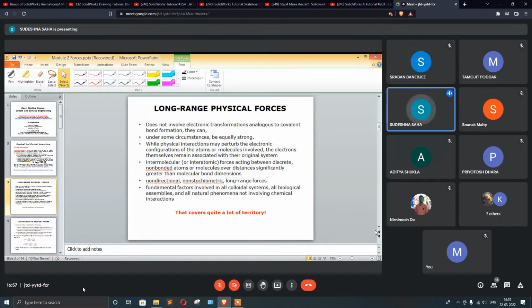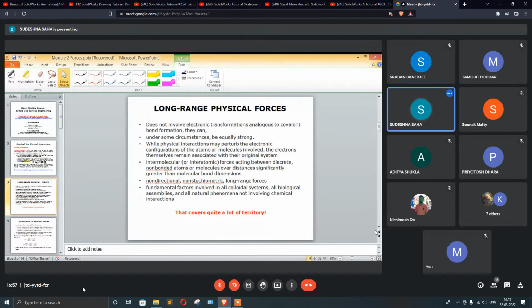We are talking about the colloids, the biological materials, and the natural phenomena. All of them are associated with long range physical forces. That's why we are focusing on these long range physical forces mostly for colloidal systems.